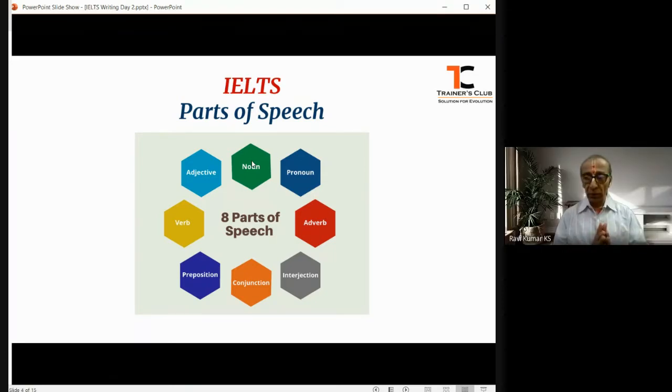To simplify things, how to remember these parts of speech easily: they can be compared to the parts of the body.